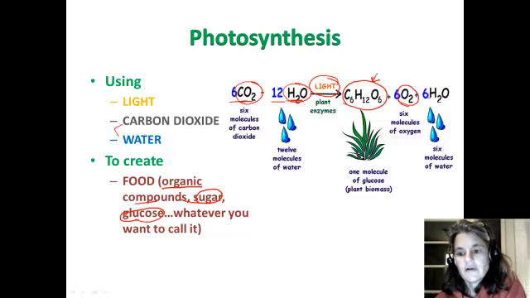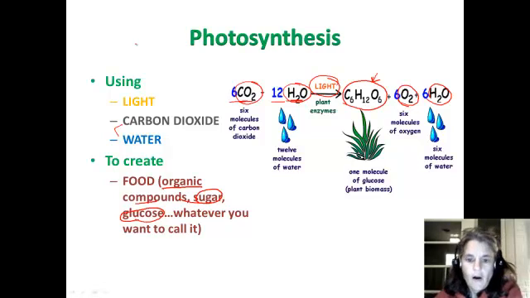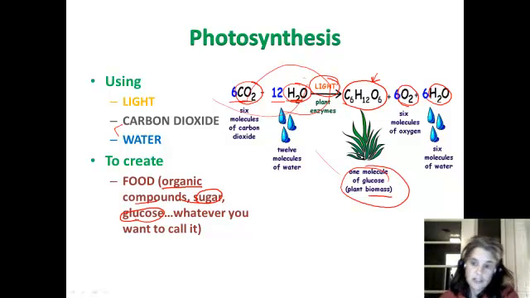Oxygen gas is given off, and some more water is given off, not quite as much as was taken in. So, all of this over here is being used to make this one molecule of glucose, this biomass, this plant, its living body, its tissues. And we're also giving off some other things. And as animals on planet Earth, we are especially thankful that plants not only make food, but they also make that oxygen, without which we couldn't survive.